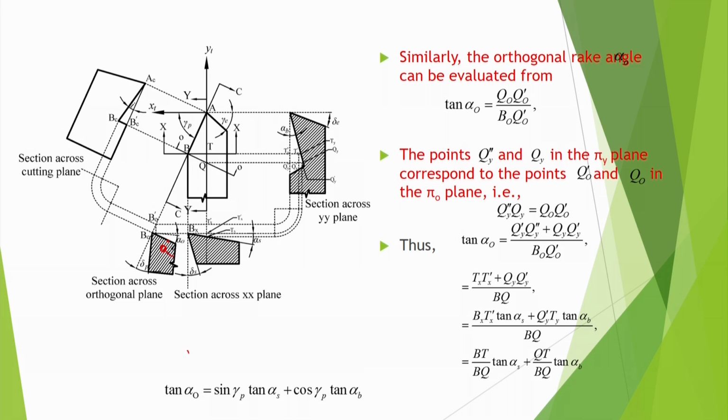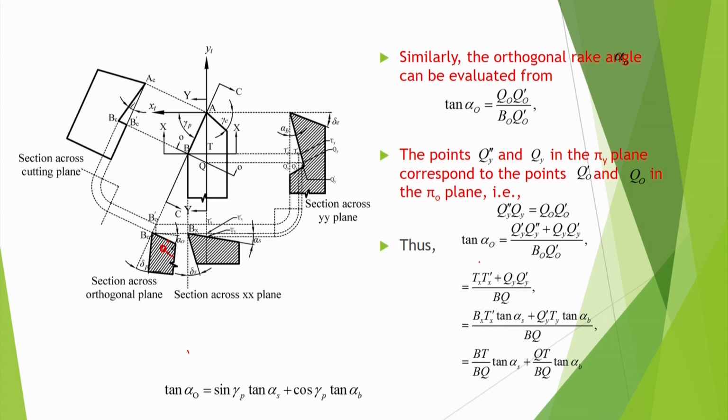So here that will be B0, so this will be shown here, and then it will be Q, therefore QY double prime QY will be equal to Q0 prime.